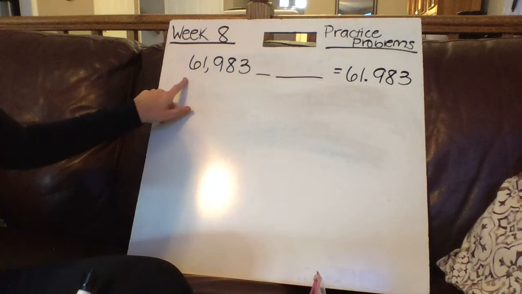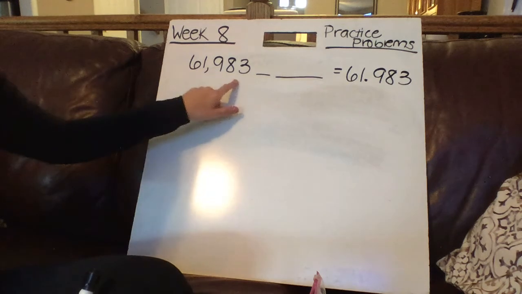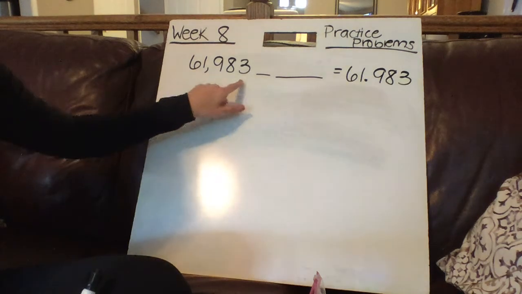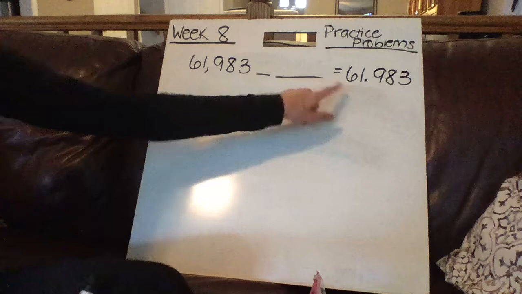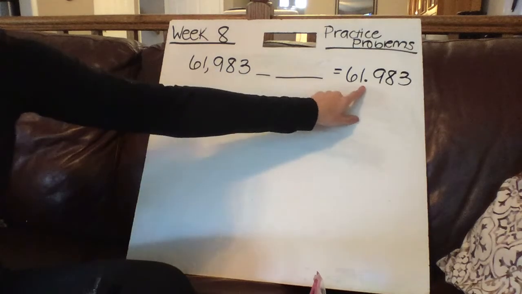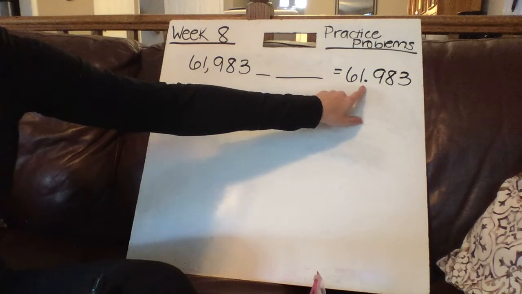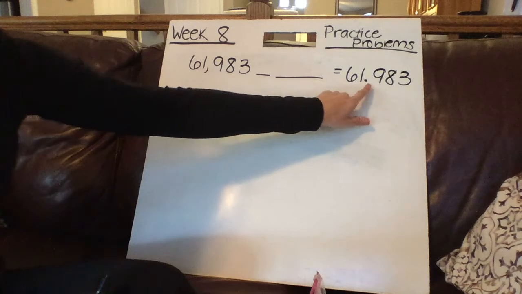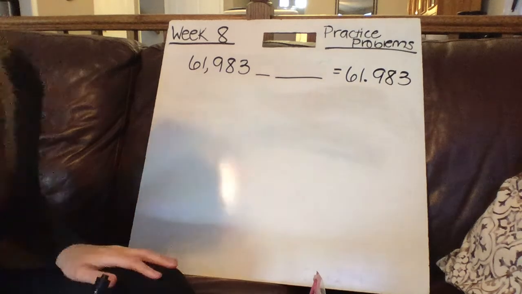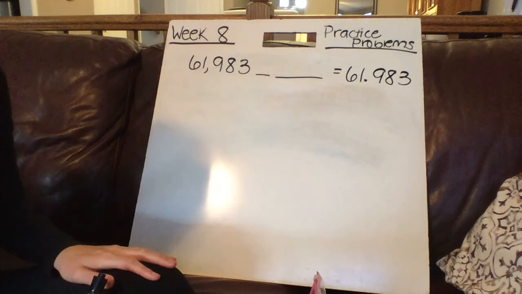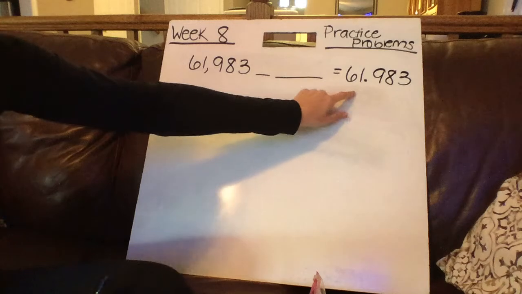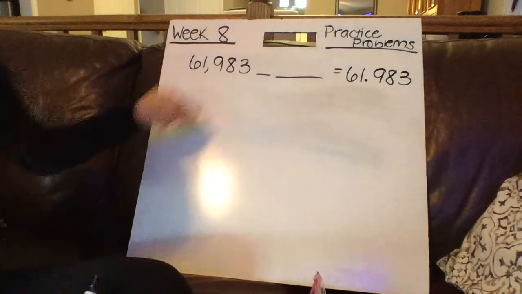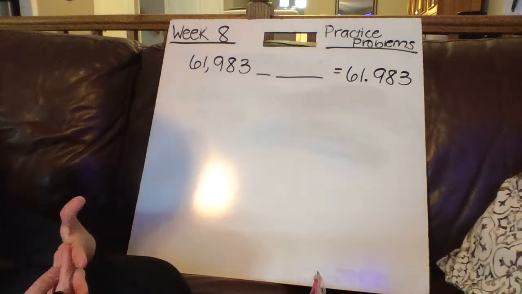We have 61,983, and this number is very similar. Instead of a comma, it's a decimal point, okay? However, it completely changes the number. This one is 61 and 983 thousandths. So this number is a whole lot smaller than this one, even though the digits are exactly the same.